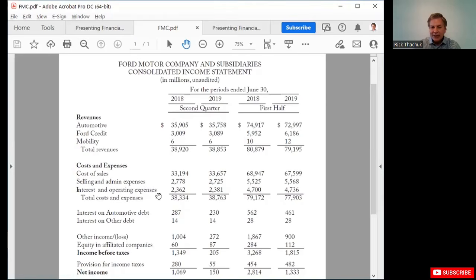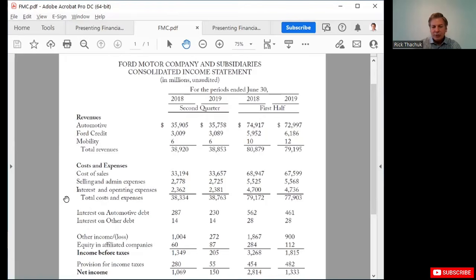Okay, can you try selling and administrative expenses, please? So you should have said, first of all, selling and administrative expenses, that's plural. So we'll need to say were. So you should have said selling and administrative expenses at Ford Motor Company and subsidiaries were 2,725,000,000 US dollars in the second quarter of 2019.